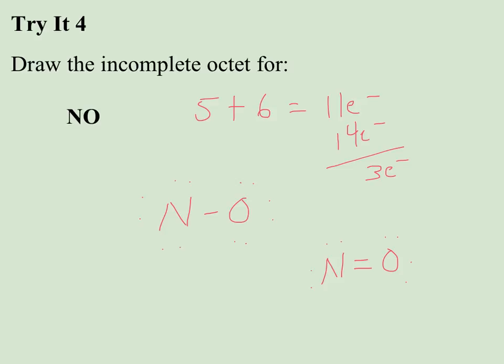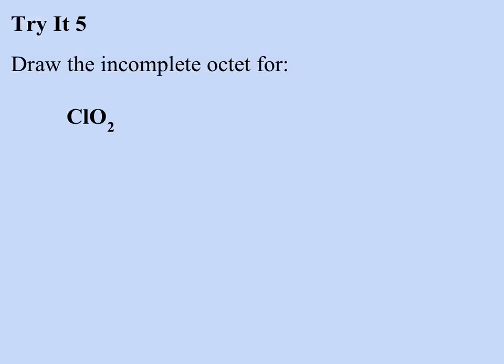And now I've used 2, 4, 6, 8, 10, 12, which is better, but I'm still going to need to take one of these electrons off of nitrogen, and nitrogen is going to be incomplete with just 7 electrons, and that's the best I can do. And again, that's better than forming a triple bond and putting 9 electrons around nitrogen. You won't see an expanded octet with an odd number.